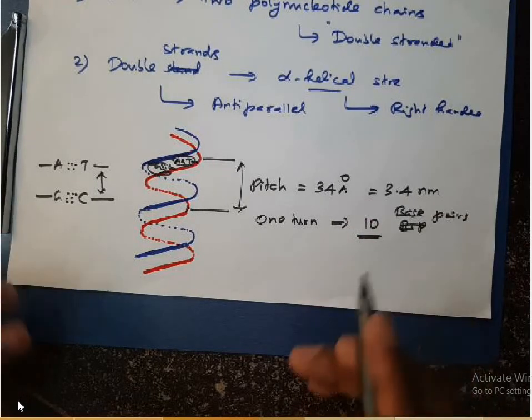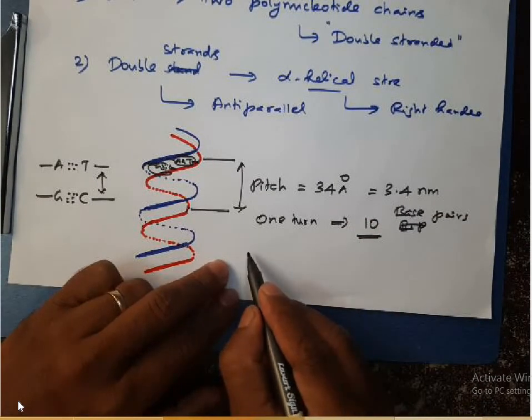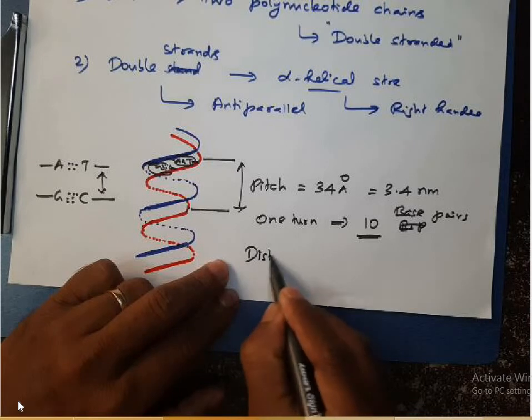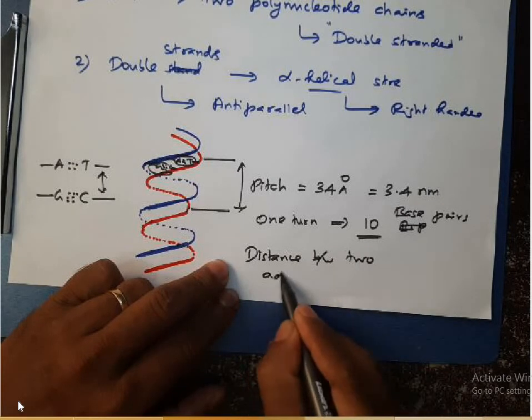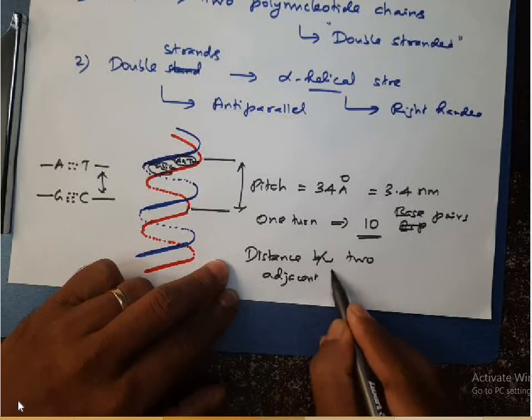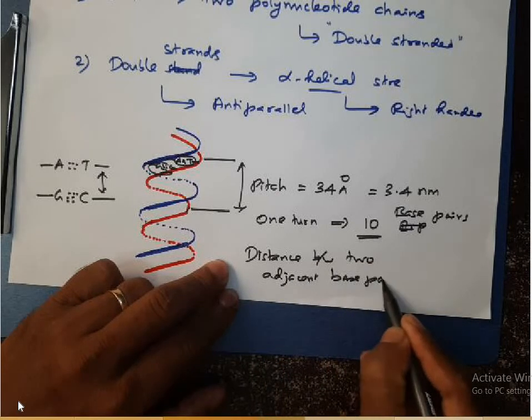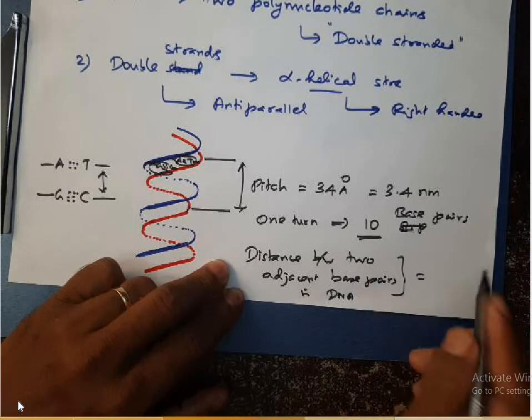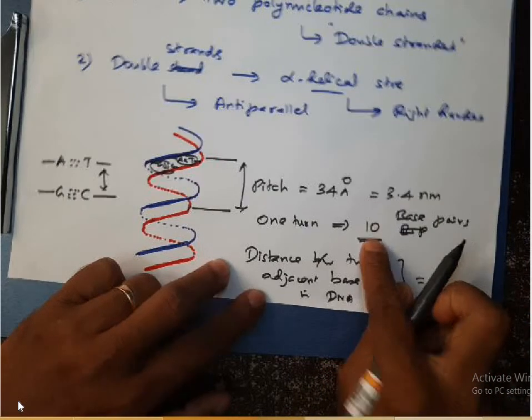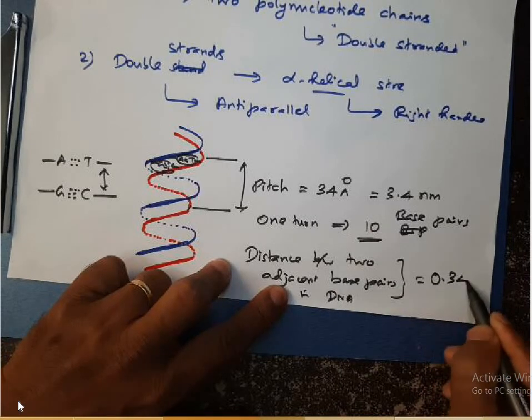So the distance between two adjacent base pairs in DNA is equal to 3.4 divided by 10. I will get 0.34 nanometers.